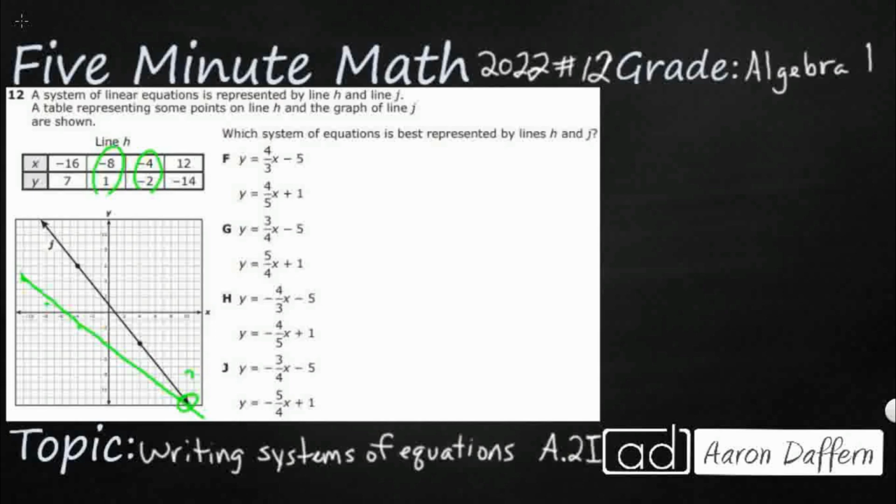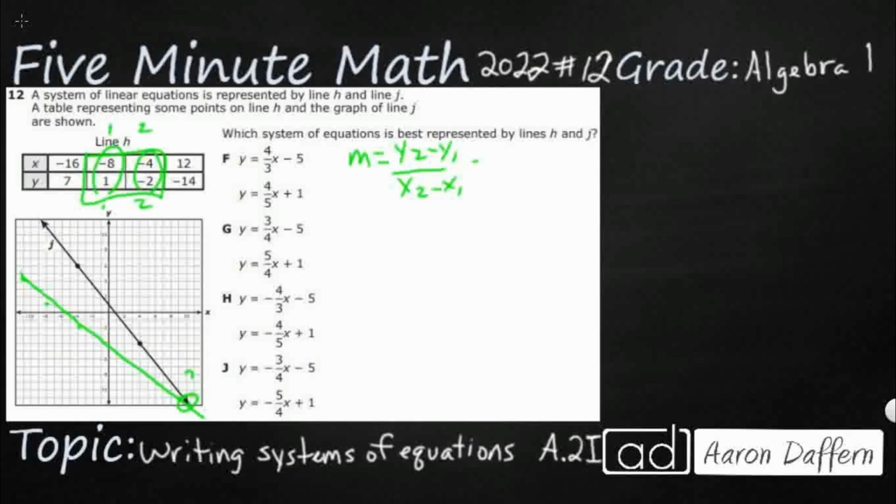But really, instead we just need to find the slope-intercept form of each of these lines. So let's look at H first, and I'll just use these two. First I need the slope. Remember, my slope is the change in y over the change in x. So I'll make that x1 and x2, y1 and y2.